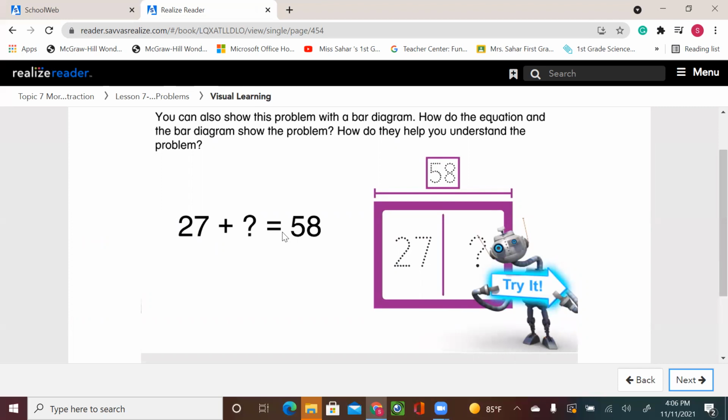All right, it shows me what information I have and what information I'm looking for. So if I look at the bar diagram, I know that I have the total, the whole number. I know which part we have from Robert, how many he has, and I know that I'm looking for how many robots he bought.